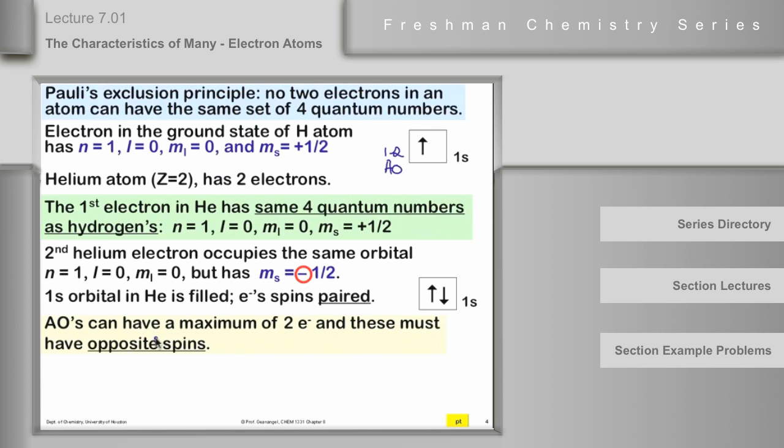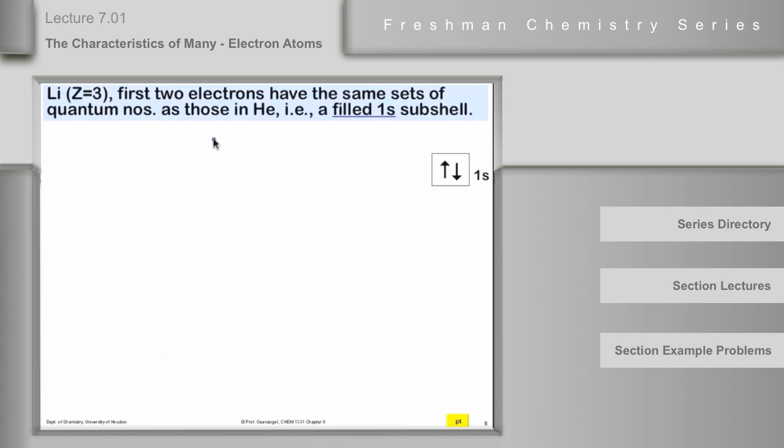So we conclude from this that atomic orbitals can have a maximum of 2 electrons because there's only 2 possible spins, and these electrons must have opposite spins. In lithium, for example, the first 2 electrons would have exactly the same configuration as the 2 electrons in the previous atom, which was helium. So we would have, in the first 2 electrons of lithium, a 1s with 2 electrons, and they would be paired. Their spins would be paired.